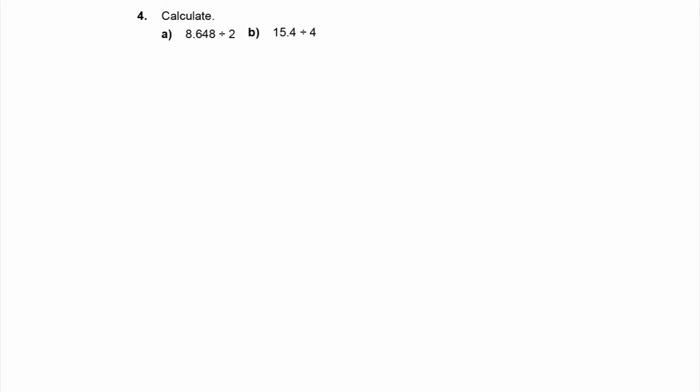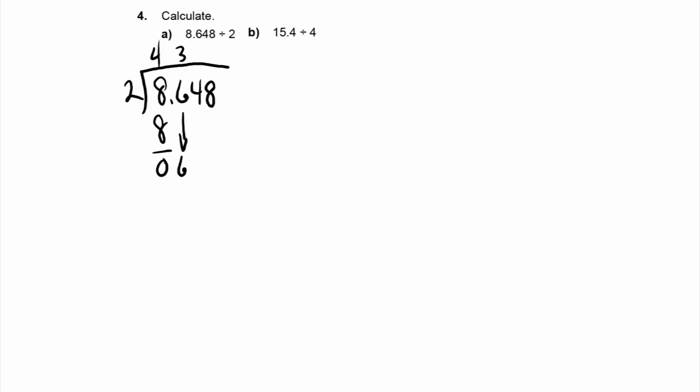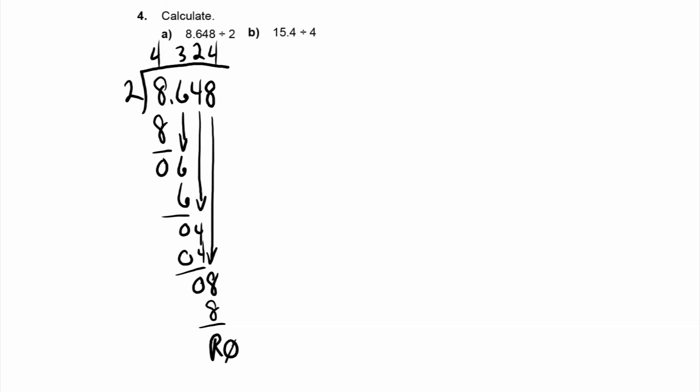Now we're asked to calculate these precisely, so I've got 8.648 divided by 2. Using the traditional method, number of 2's in 8, 4 times, 2 times 4 is 8, 0 remainder, bring down the 6, 3 times 2 is 6, 0 remainder again, bring down the 4, 2 times 2 is 4, 0 remainder again, bring down the 8, and 4 times 2 is 8, so remainder of 0 again.